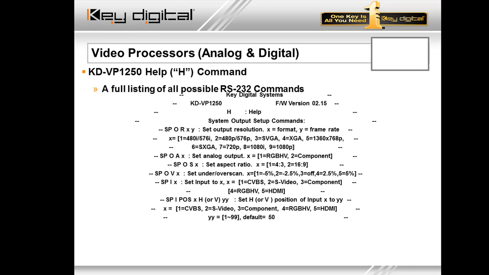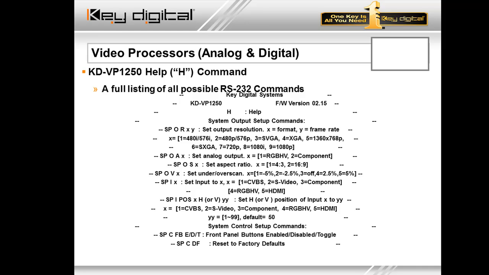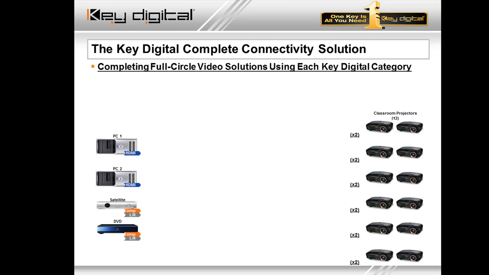Input positioning, because sometimes you do end up with computers, for example, that you may have seen before, where they just end up slightly off center. We could adjust that for you, and of course we could adjust that for every input option there. Enabling, disabling, or toggle of the front buttons, and of course resetting to a factory default command, as well as gaining the status for the system.